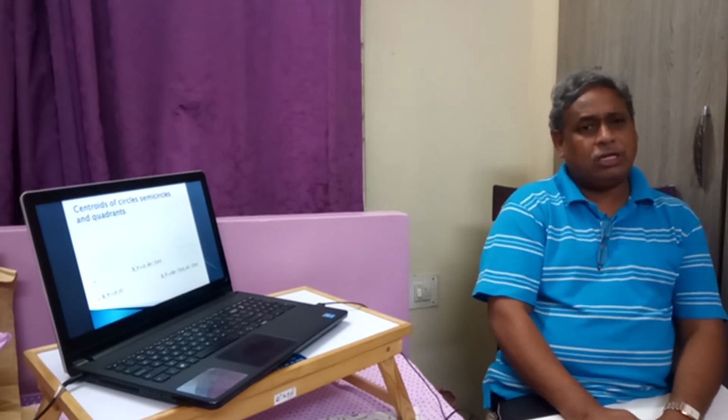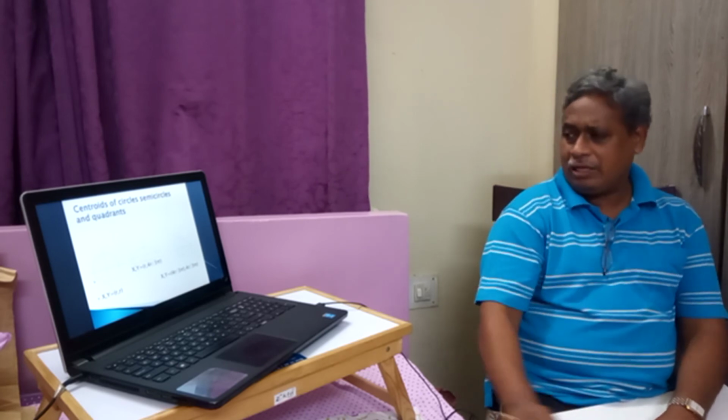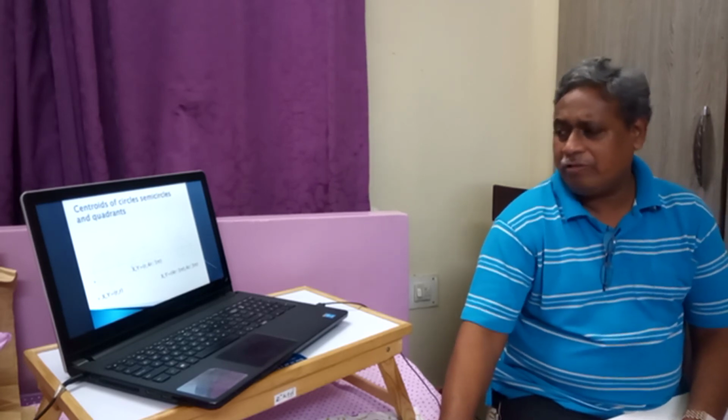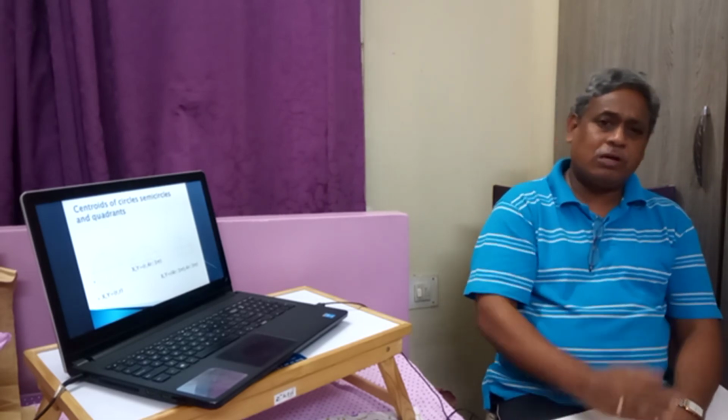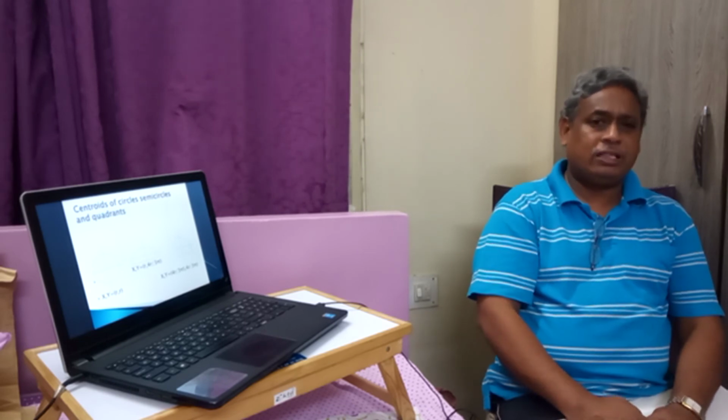If we take the left bottom corner as origin, then the centroid lies at R and R. Similarly, the semicircle has one symmetrical axis above the y axis. Therefore, x bar will be R and y bar will be 4R by 3 pi.